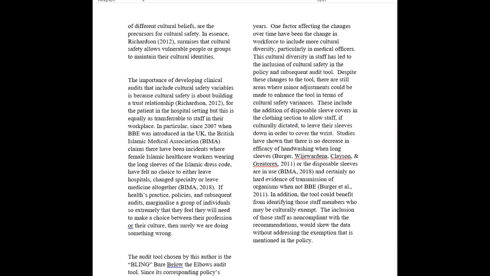Those sorts of things are important to think about. See how the student has given some examples, and then has used the research to back up that the efficacy of hand washing is, there is no difference. That's really valuable, I think, here.